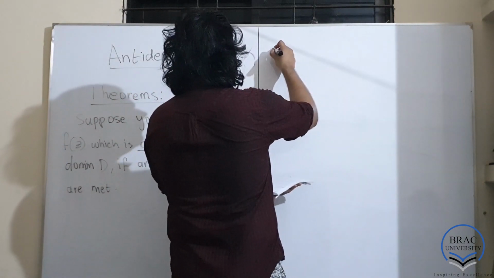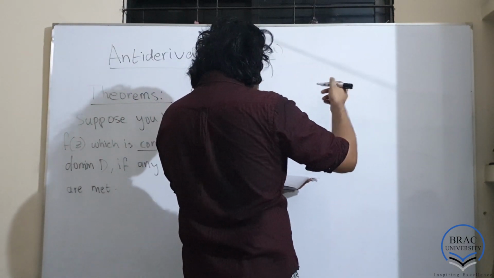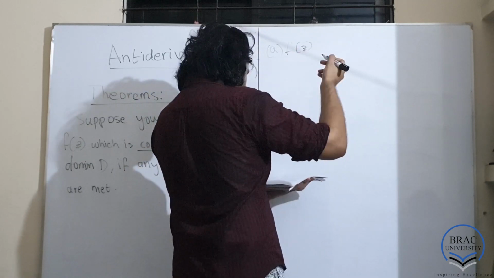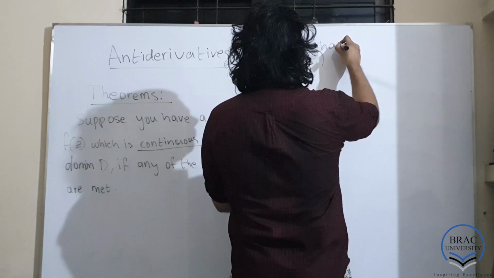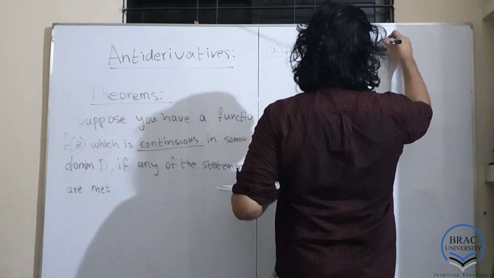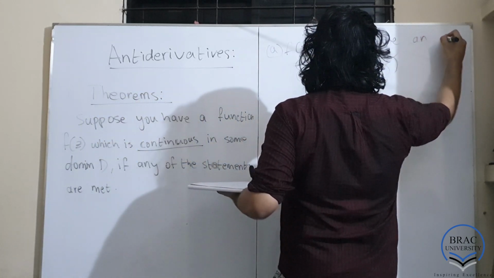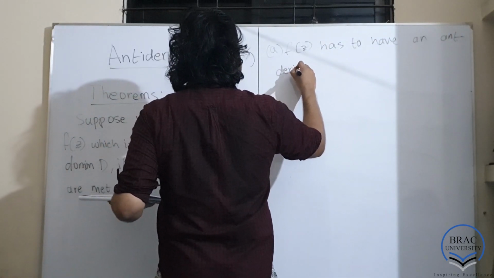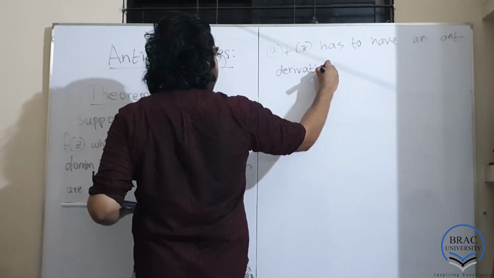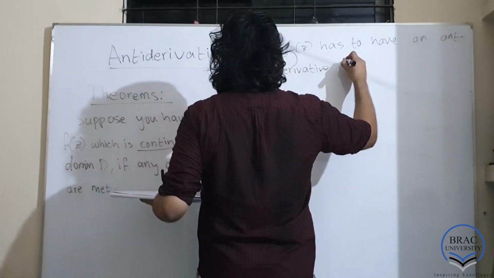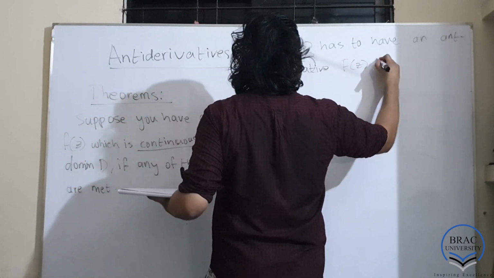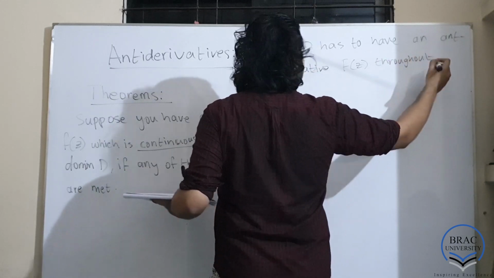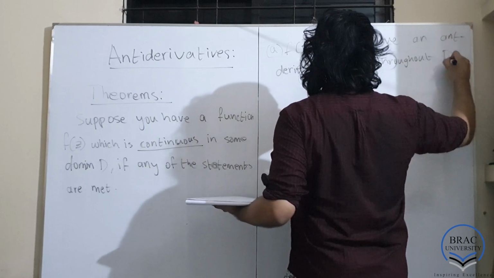One of those theorems that you have to maintain is the fact that f of z has to have an antiderivative F of z throughout domain D. Okay?